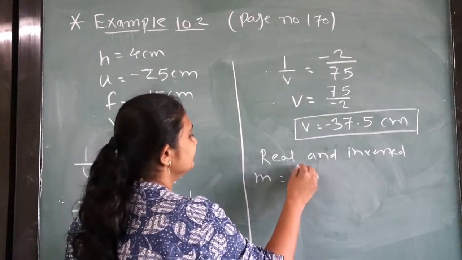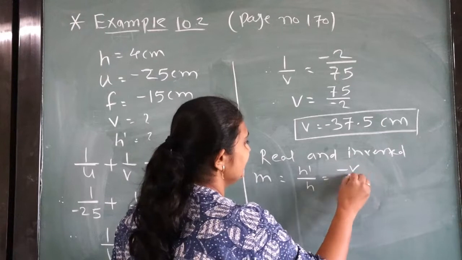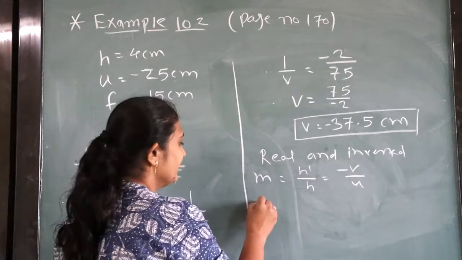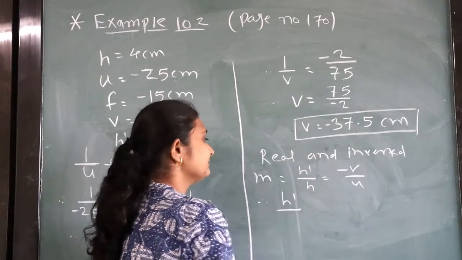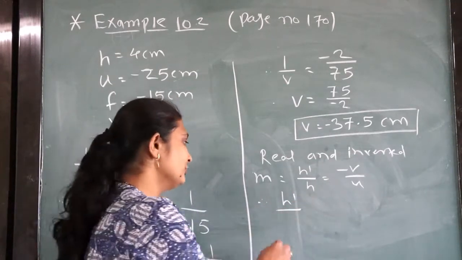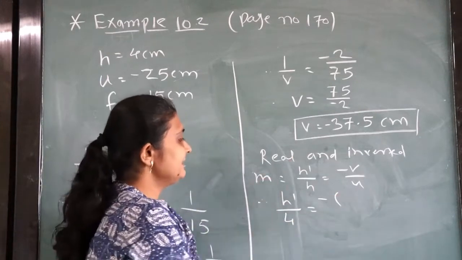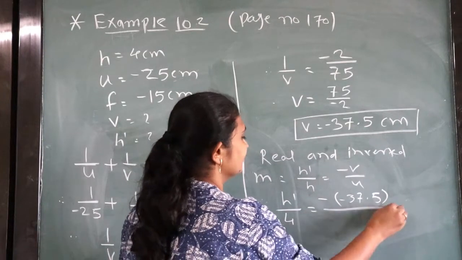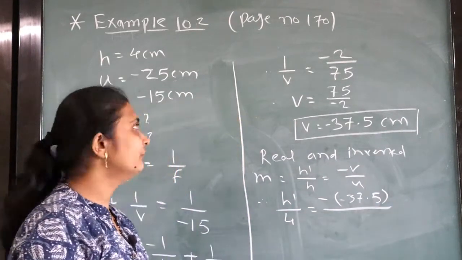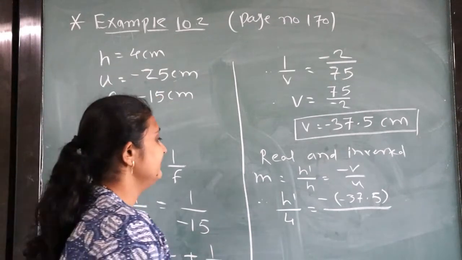Magnification is equal to h dash upon h is equal to minus v upon u. Therefore h dash we have to calculate here. What is the value of h? 4. Minus v is equal to minus 37.5 upon value of u. Object distance is minus 25.